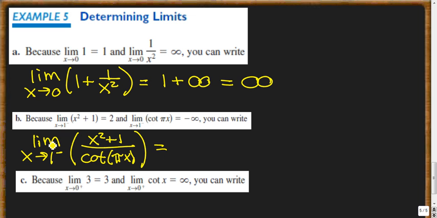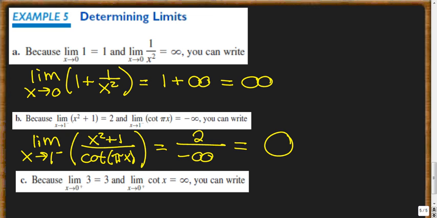Well, I can look at these two separately, right? If I know that the limit of the numerator is 2, I can replace it with a 2. And if I know that the limit of the denominator is negative infinity, I can replace it with negative infinity. Well, what is this answer going to look like? If I divide 2 by negative infinity, this 2 just ends up becoming so insignificant that this is going to pretty much become 0.